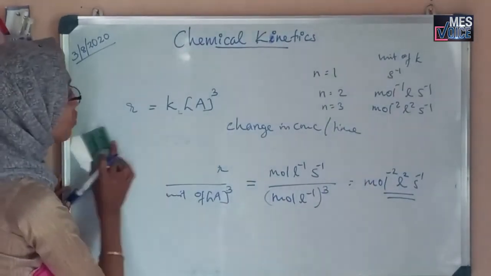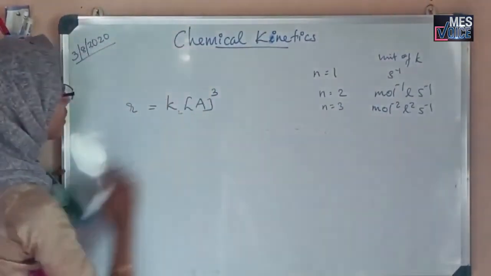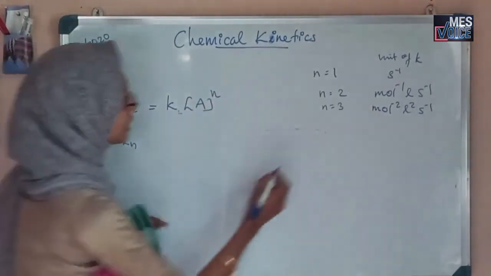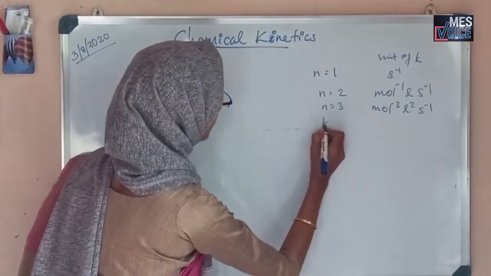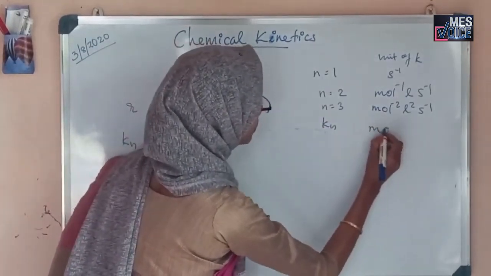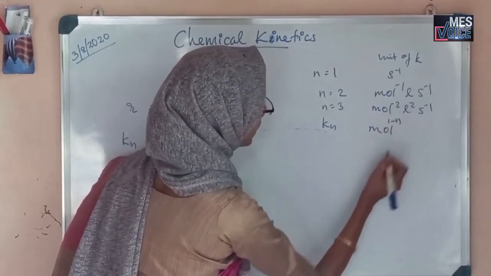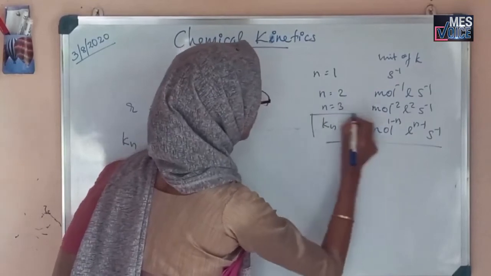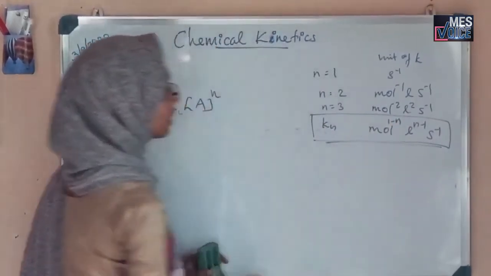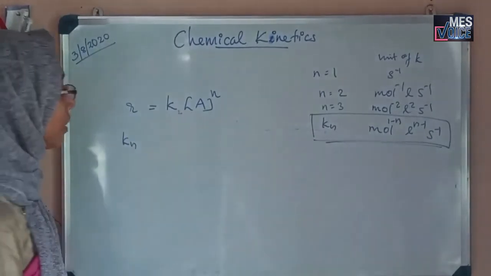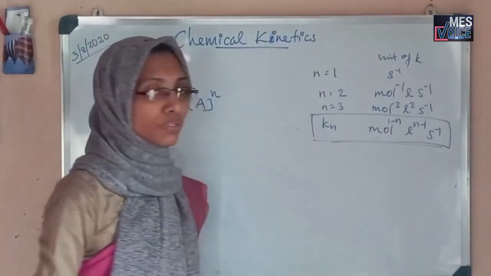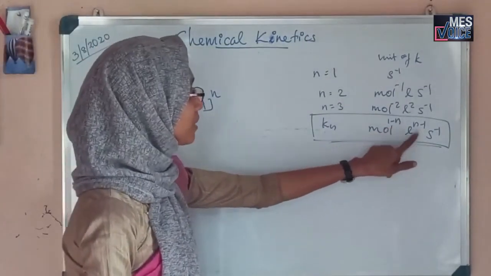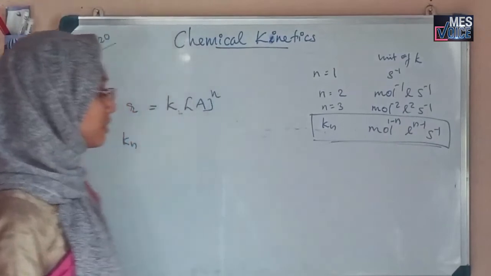Then in general, for an nth order reaction, the unit of kn is equal to mole raised to 1 minus n liter raised to n minus 1 second inverse. This is the general formula for determining the unit of the rate constant of a reaction: mole raised to 1 minus n liter raised to n minus 1 and second inverse.